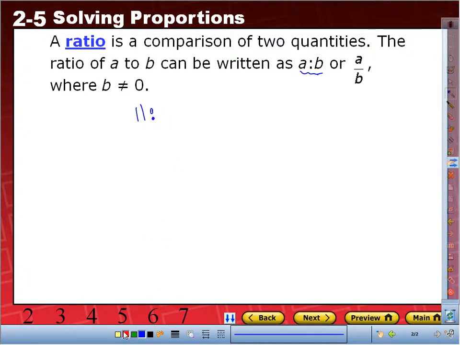And let's count how many boys. We got 1, 2, 3, 4, 5, 6, 7, 8, 9, 10, 11, 12, 13. 13 boys. So the ratio of girls to boys in this class is what? 11 to what? And this could be written which way? 11 over 13. Everybody understand? That's what we call a ratio.